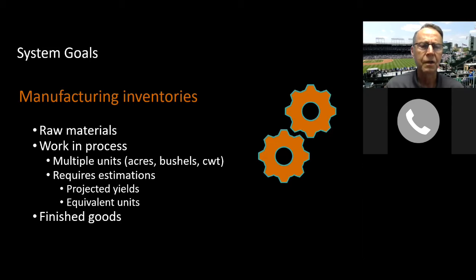And so we have to use some projected yields to get feedback during the growing season, and use equivalent units to adjust on breeding stock for what's in the pipeline.